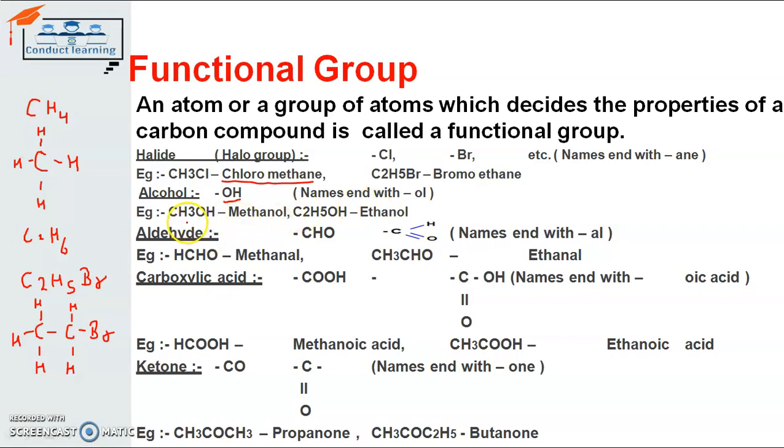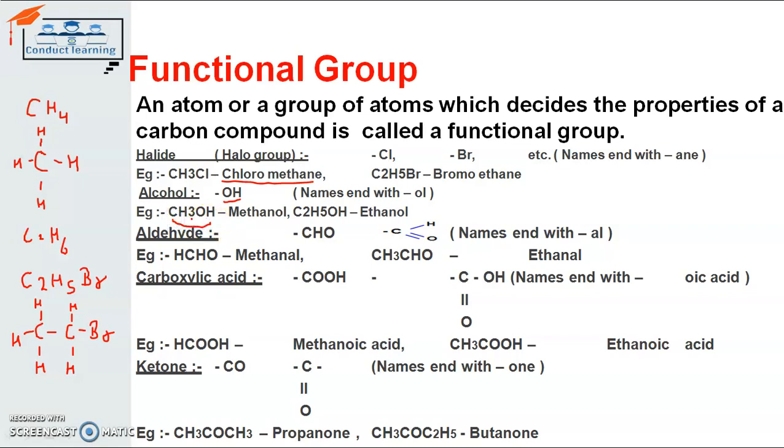We already know that in methane the formula is CH4, and after replacing one of the hydrogen atoms of methane with the functional group ol, it becomes methanol, and the chemical formula becomes CH3OH. The example is given here.